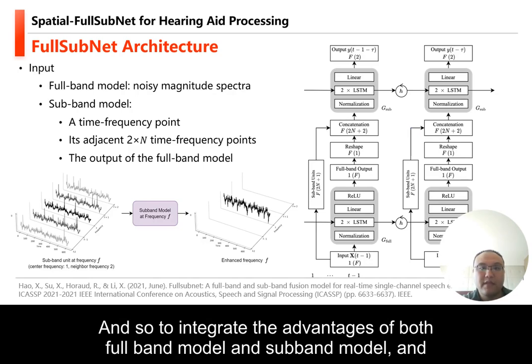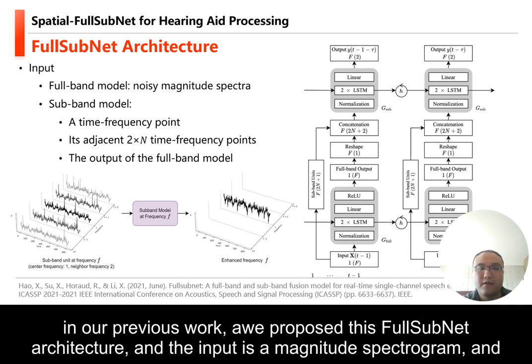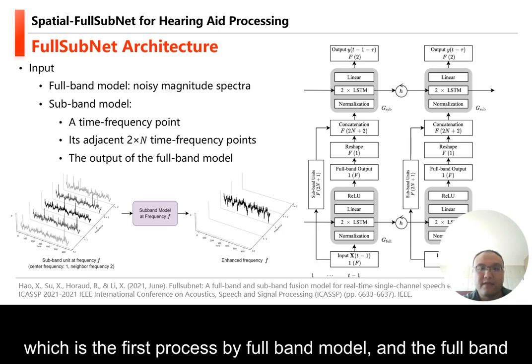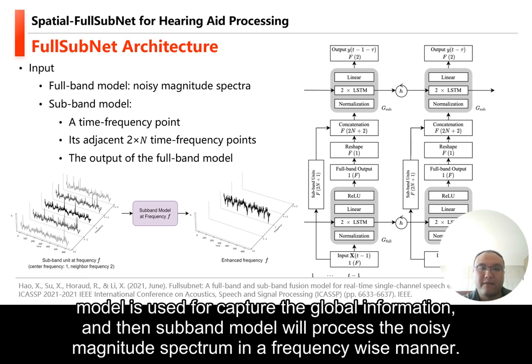To integrate the advantages of both the full-band model and the subband model, in our previous work we proposed this FullSubNet architecture. The input is a noisy magnitude spectrum, which is first processed by a full-band model, used to capture the global information.